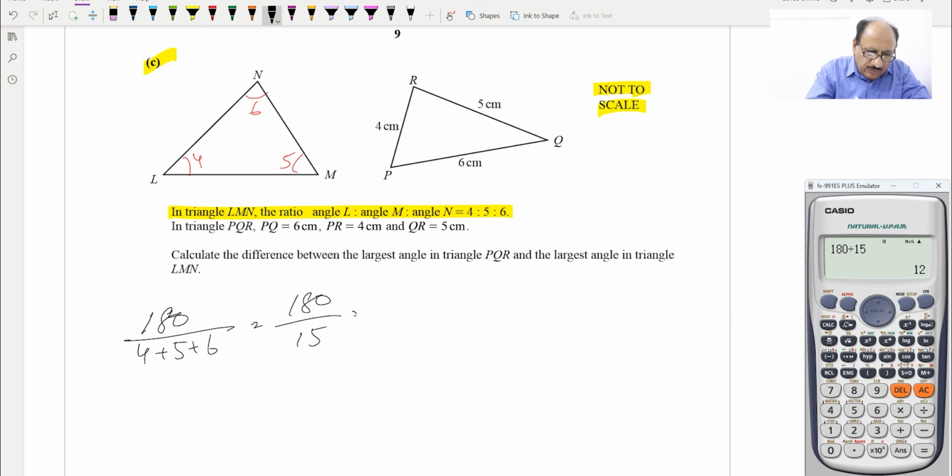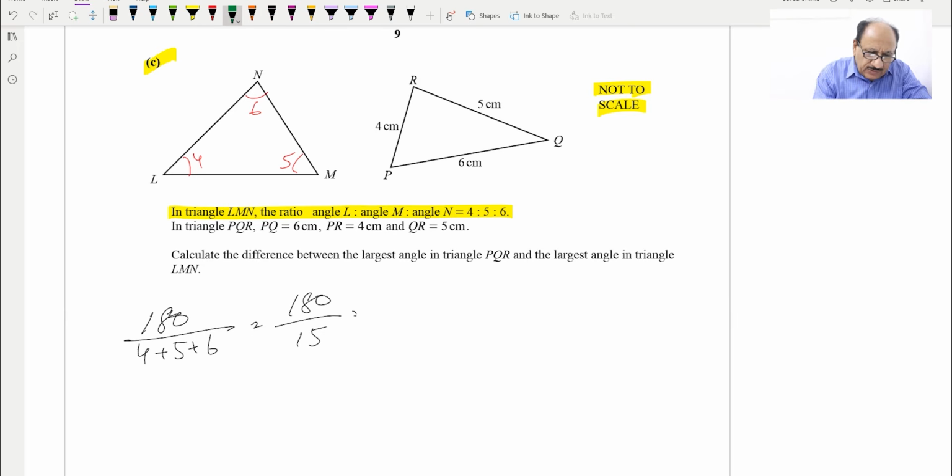So this angle will be 12 into 4, which is 48 degrees, this angle will be 72 degrees, and this angle will be 60 degrees. So we calculated these angles.